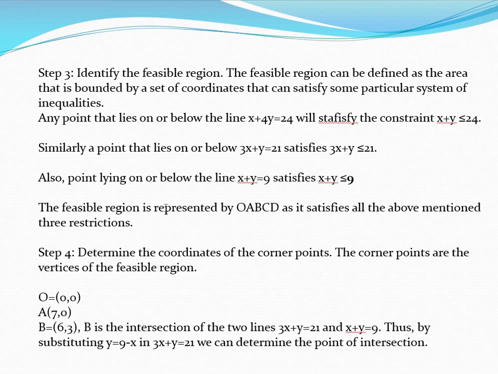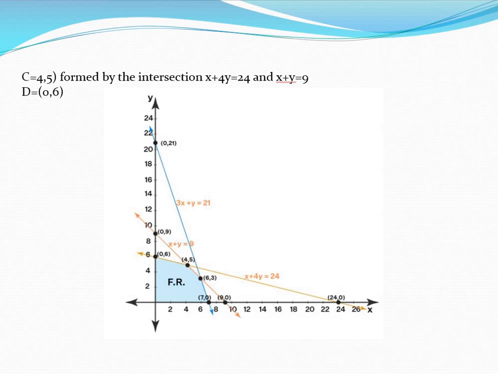The feasible region is shown in the figure. If we draw our figure, it will be like this. This is the line 3x plus y equal to 21, this is the line x plus y equal to 9, and this is the line x plus 4y equal to 24.